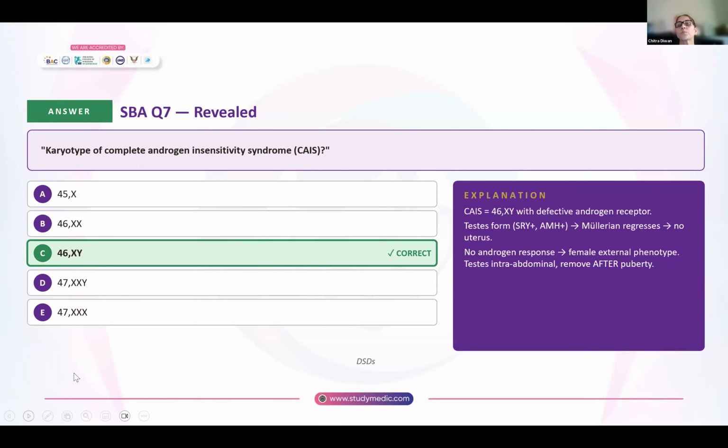Because of AMH, the Mullerian structures regress, so there is no uterus, but you get formation of testes. There is no androgen response, so the external phenotype is that of a female, and you have testes which are intra-abdominal. Because they are in an ectopic place, there is a risk of malignancy developing, so you will remove them, and gonadectomy is done after puberty.